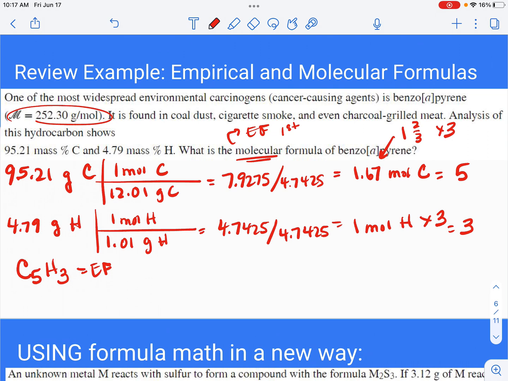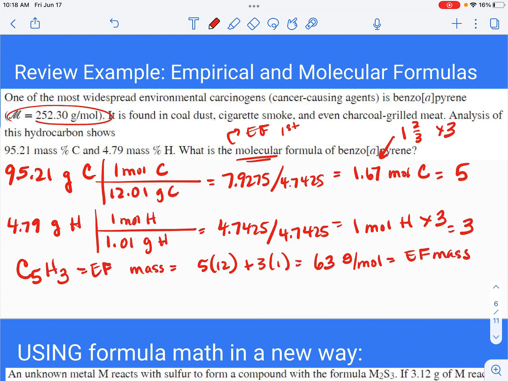So if I want the molecular formula, I need to figure out what the mass is. So the mass of this from the periodic table is 5 times 12. I can pretty much use whole numbers at this point, and 3 times 1 because it's going to be really close. So 5 times 12 is 60 plus 3, 63 grams per mole is the empirical formula mass.